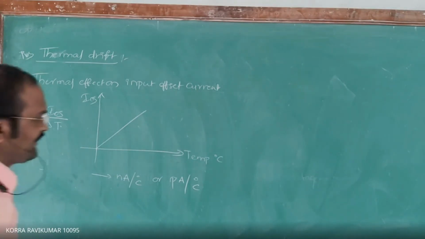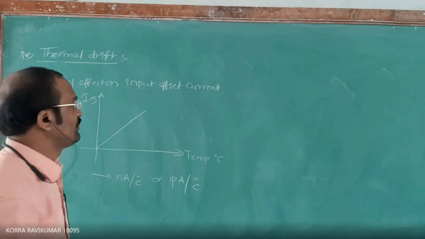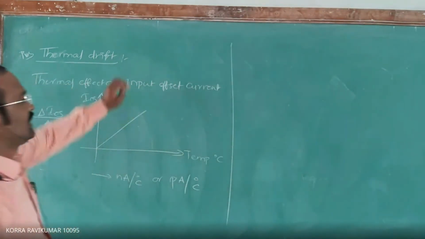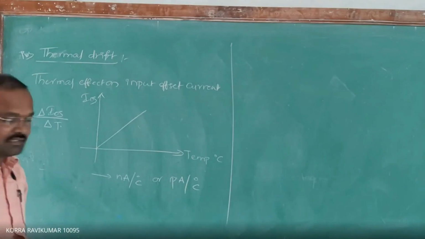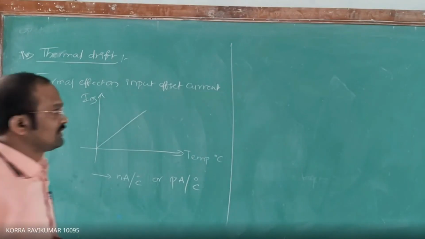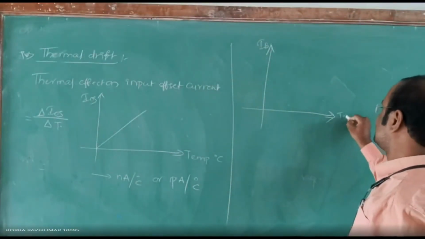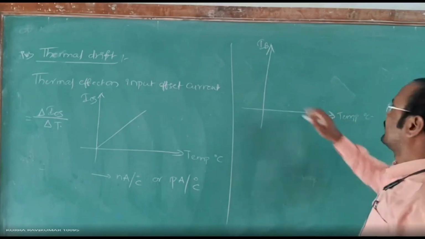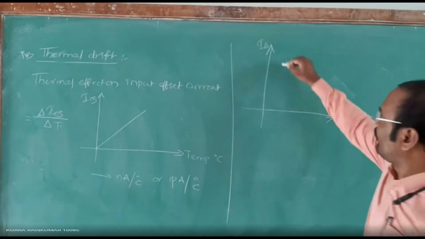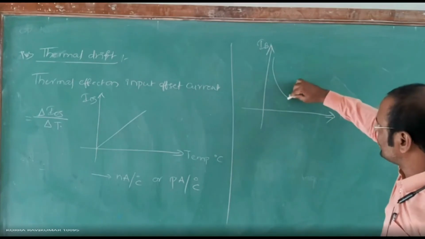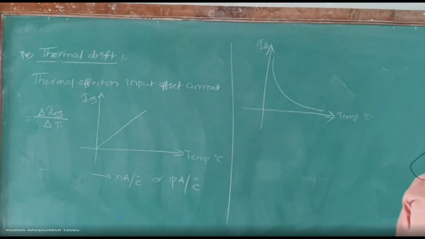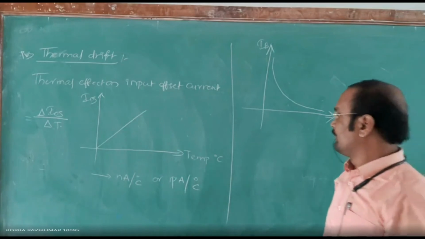Next, effect on bias current. How will it be? Let us see. If you observe the graph between temperature in degree centigrade and bias current, the graph seems to be an exponentially decreasing graph.